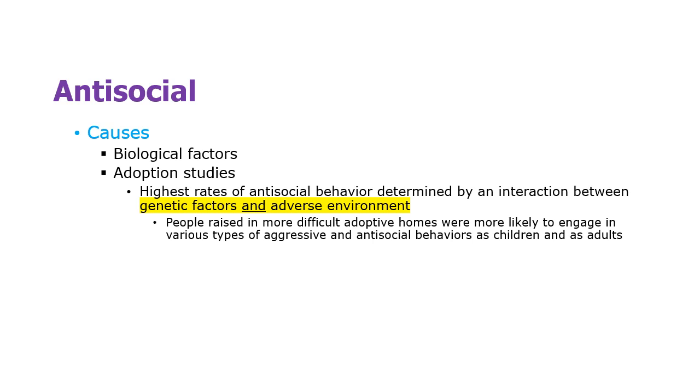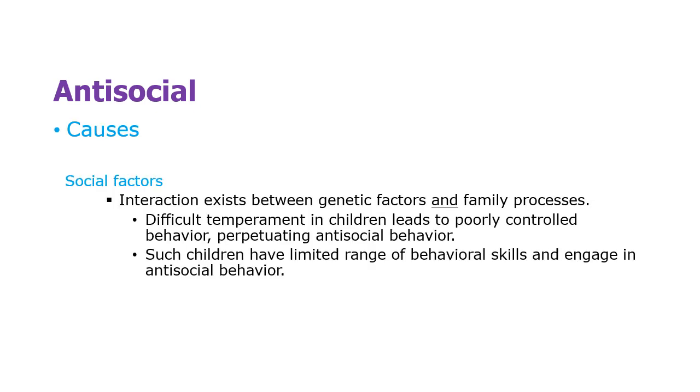And again, as has been the case with many of these other disorders, antisocial disorder is associated with a mixture of genetic and environmental factors, meaning that people who grew up in a worse childhood home are more likely to become antisocial in the future. Along with genetic factors, there are also family processes which predispose these children to antisocial disorder.